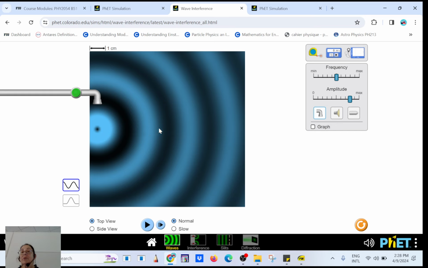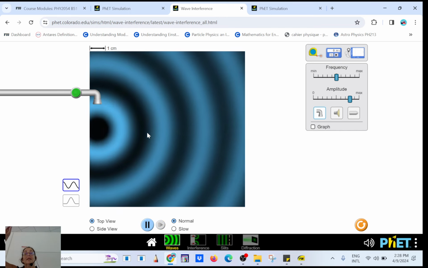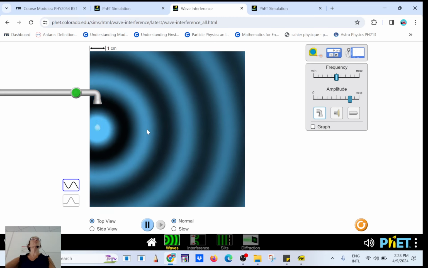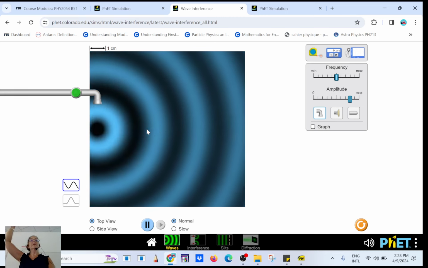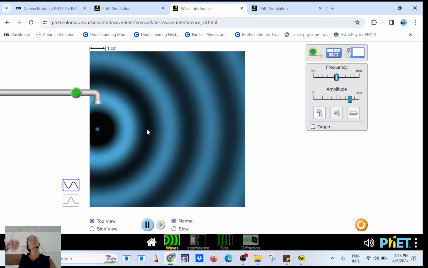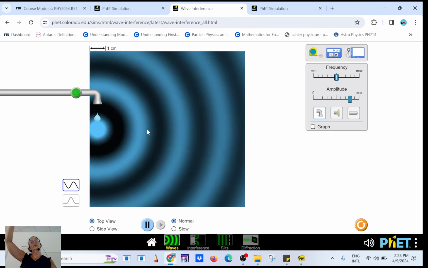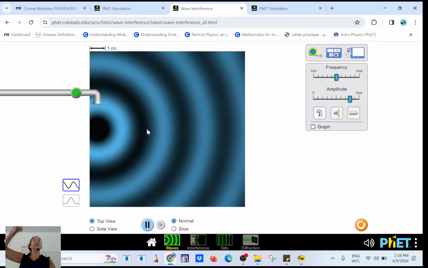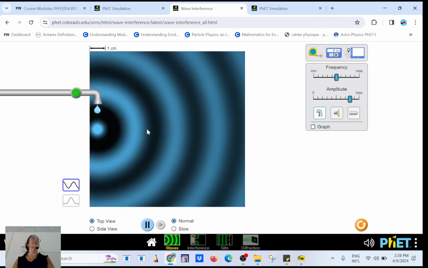The distance between two crests is called the wavelength. Now, if you are looking at a position here, it's going to be a trough, a crest, a trough, a crest, a trough. The time it takes to go from crest to trough back to crest is what we call the period. How many cycles per second? That's going to be the frequency.